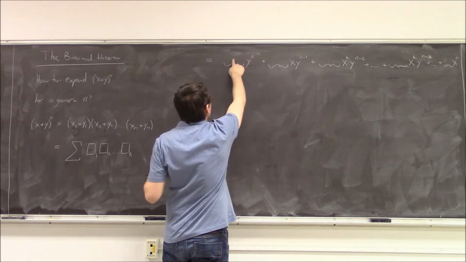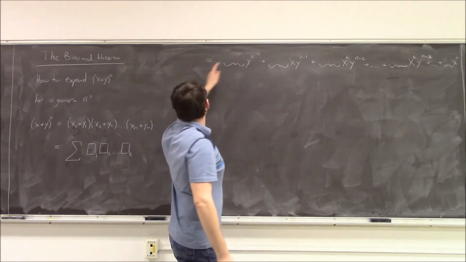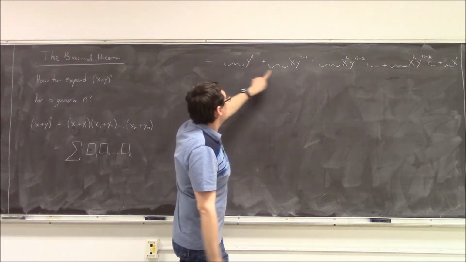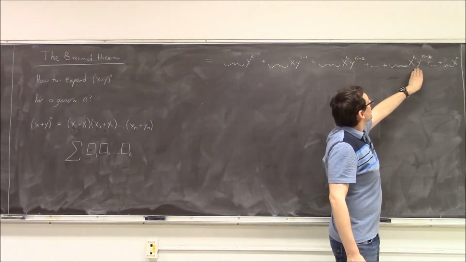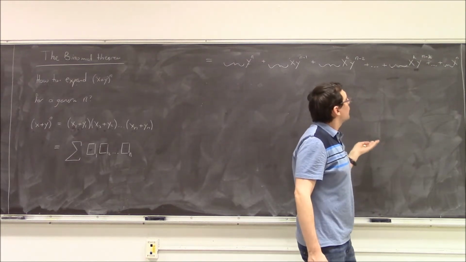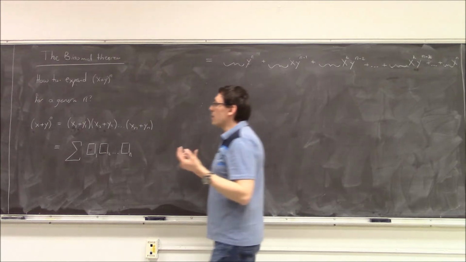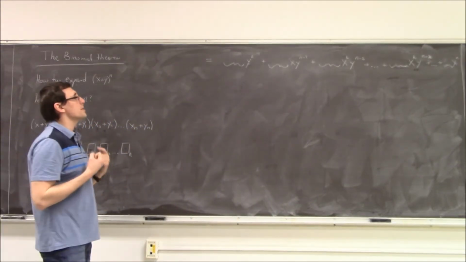That's y to the n. So this is x to the 0 power. So I can group the sum based on no x's, 1x, 2x, 3x, in general kx, and then n minus k y's. It's always the number of x's plus the number of y's equals n.